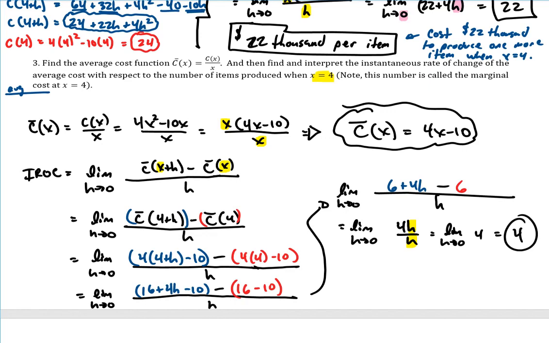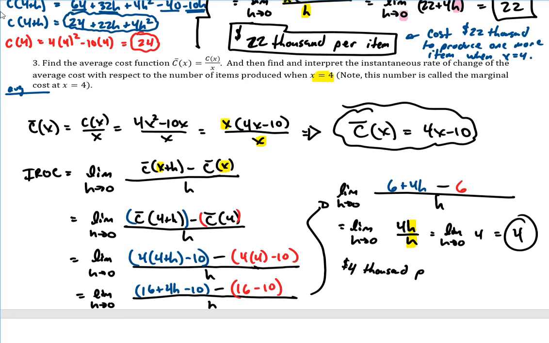Okay, so this is the average cost. So this is the instantaneous rate when our x is 4 for the average cost. All right, so this is still in thousands of dollars. So $4,000.